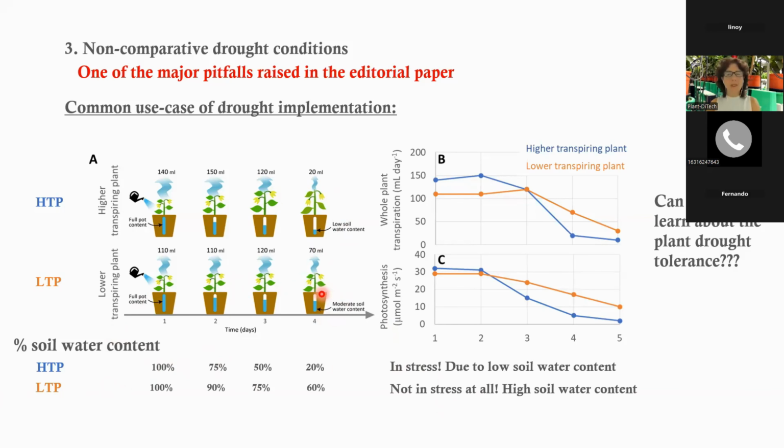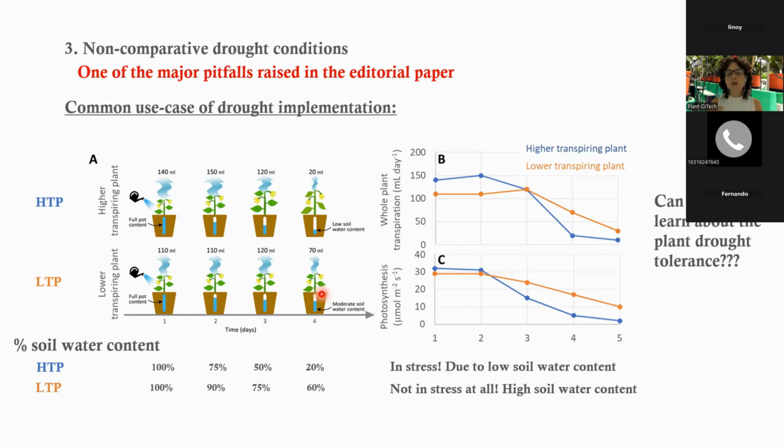So does it really help us learn if the plants are drought tolerant? No, because the soil water content was affected. You remember that G times E: the plant is influencing the soil condition.